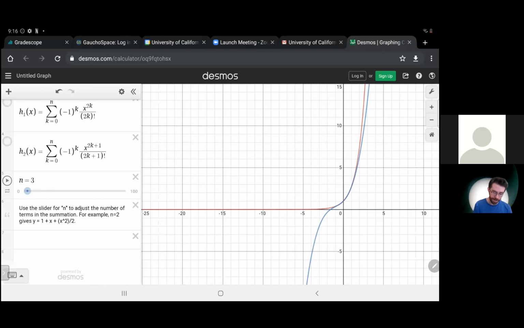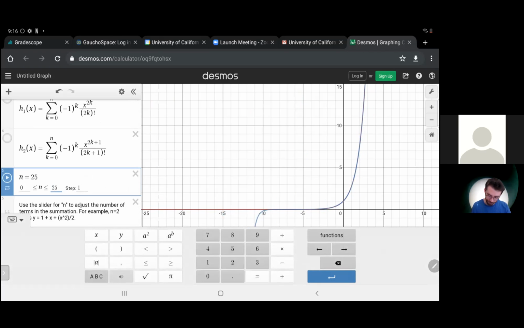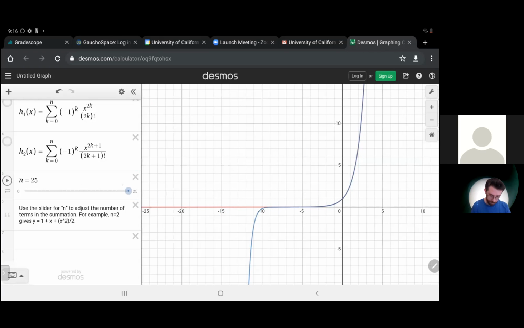Okay, let's go back to n equals 3 and then animate. Look at that. The more terms I have, the better it gets. Cool, that's pretty interesting. I'll set this back to 25, and we'll put it back on. Let's put it on 1.